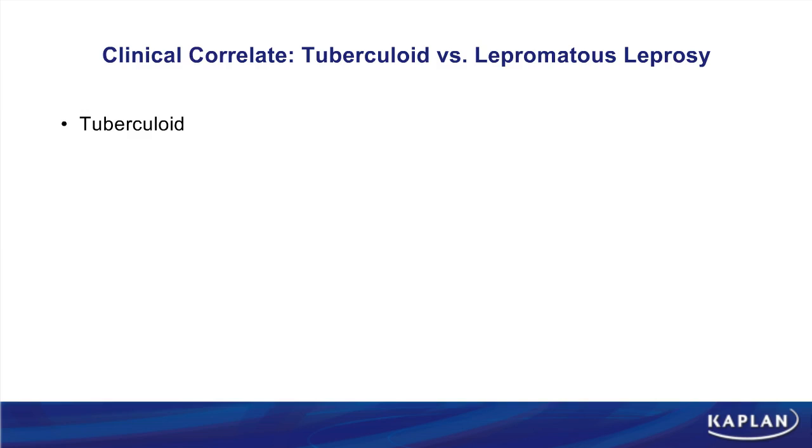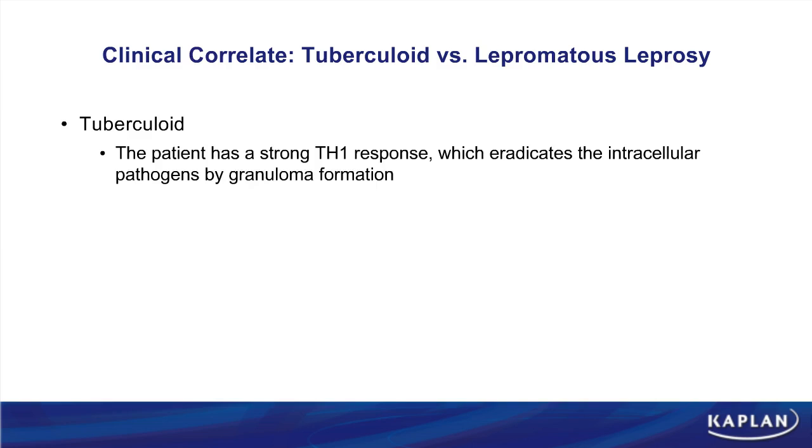So what is it that allows an individual to get infected with Mycobacterium leprae and only present with a tuberculoid form? Well, one of the things you have to consider is their immune status. So a patient who has tuberculoid leprosy has a very solid Th1 response.